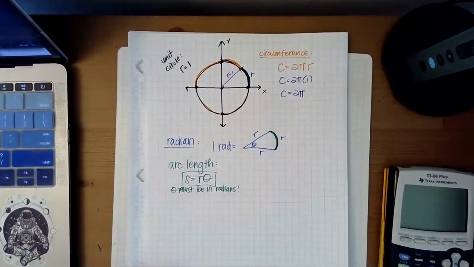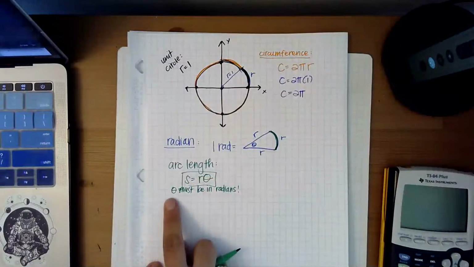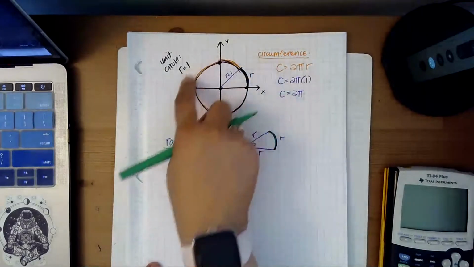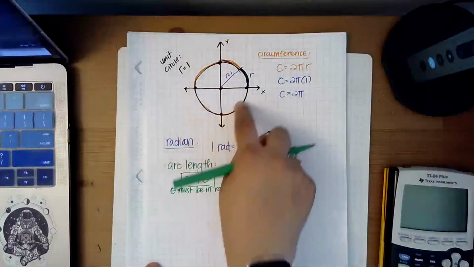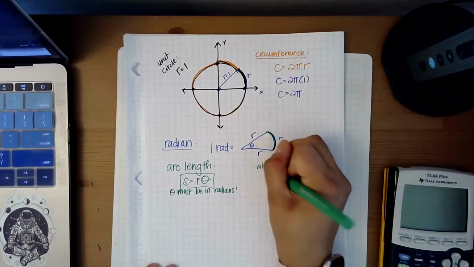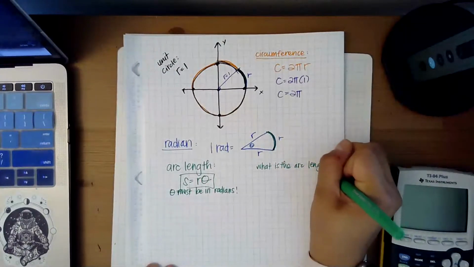But I want to use the formula for arc length so I can show you that I'm able to derive radian measure. So I want to know what is the arc length of the entire circle, right? So that's going to be my question. What is the arc length of the entire circle?